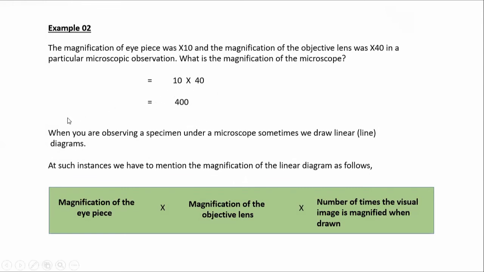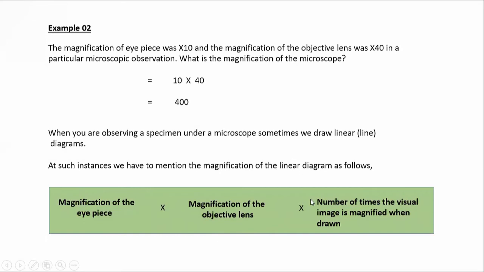When you are observing a specimen under a microscope, sometimes we draw linear diagrams, also known as line diagrams. At such instances, we have to mention the magnification of the linear diagram as follows: magnification of the eyepiece multiplied by magnification of the objective lens, again multiplied by the number of times the visual image is magnified when drawn.